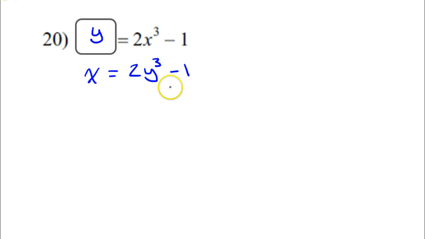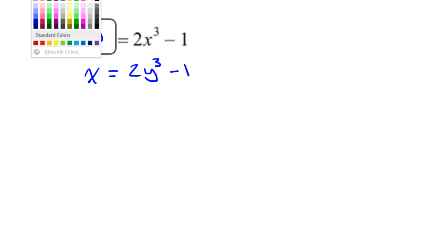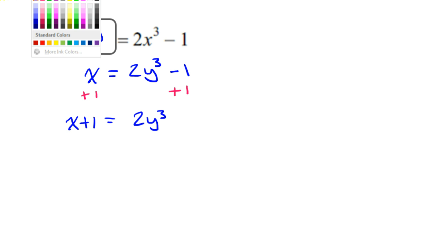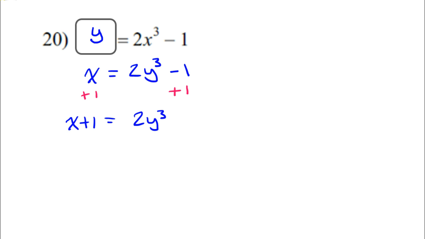So I just need to get y by itself. I'm going to do that by adding 1 to both sides. So now I have x plus 1 is equal to 2y to the third power. Now I will divide both sides by 2. Just trying to get y by itself.